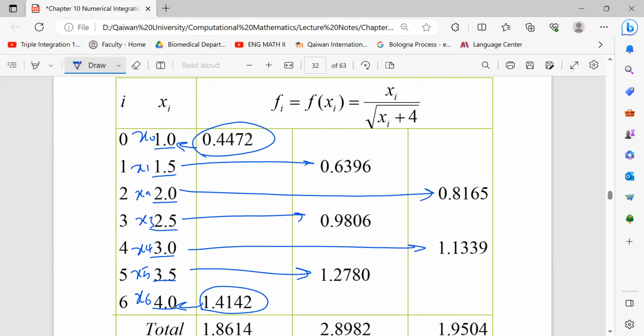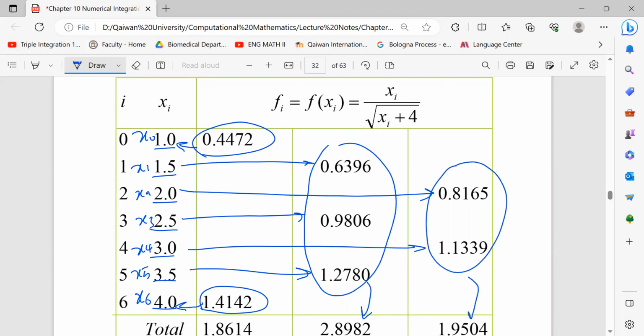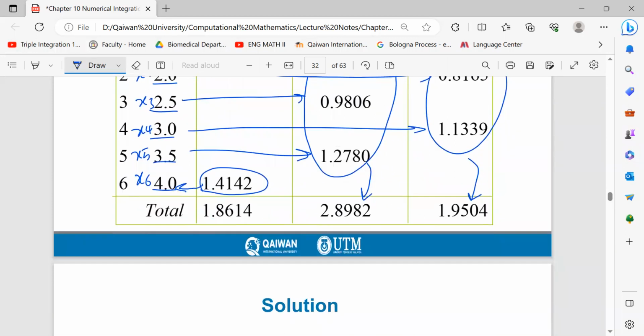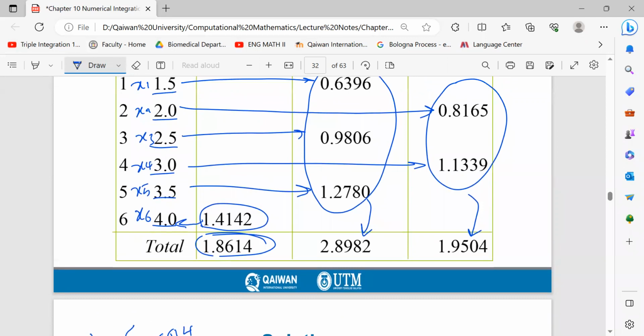Now, we find the sum of these all, which is that value, and finding the sum of these two, which is this value. Now, we say it is h/3 multiplying by first and last, which is 1.8614, plus 4 times the odd ones.